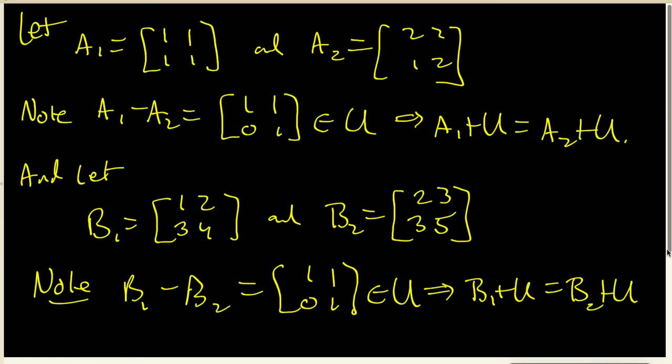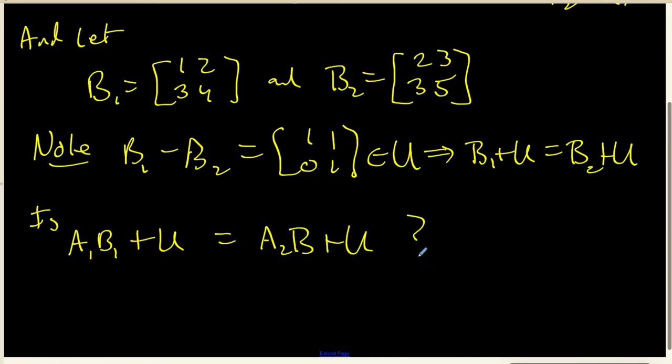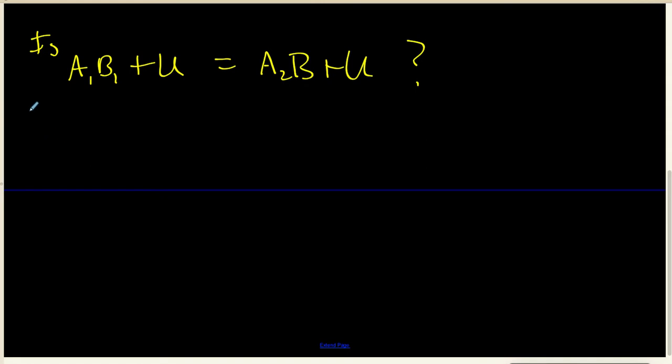So the question now becomes, is A1 B1 plus U equal to A2 B2 plus U? And to answer that question, all I need to do is compute A1 B1 and A2 B2 and look at their differences. So let's actually do that.